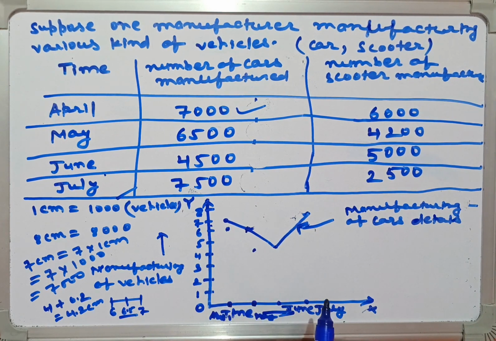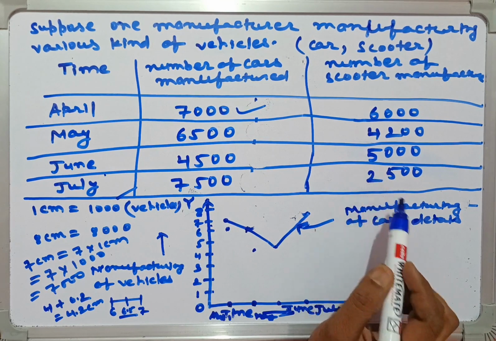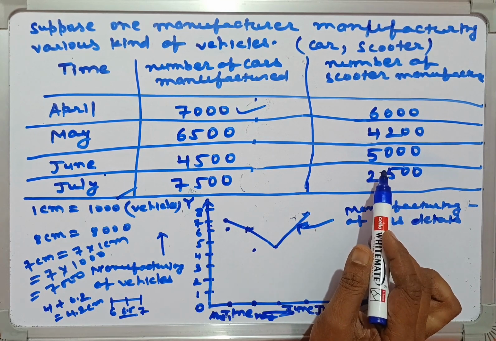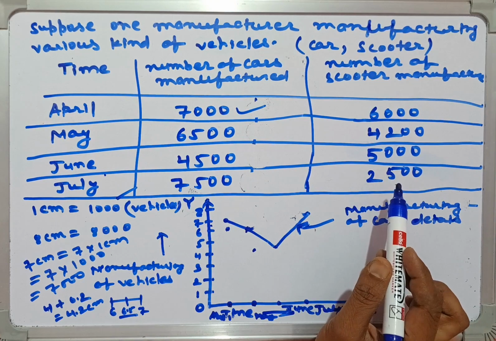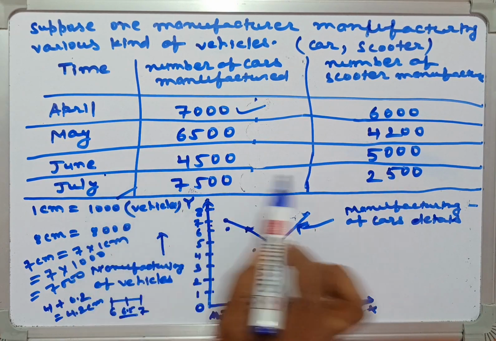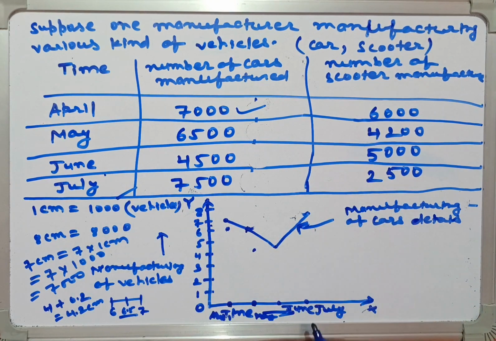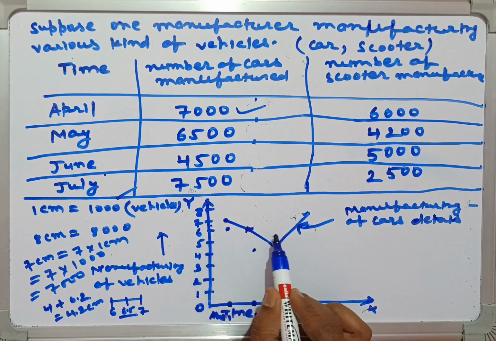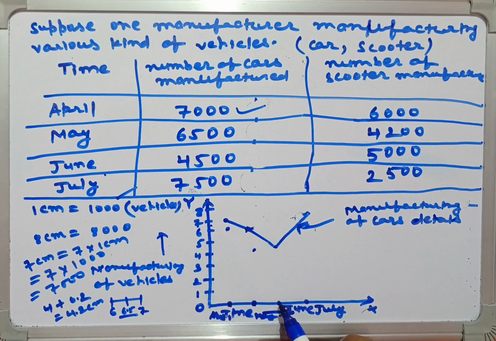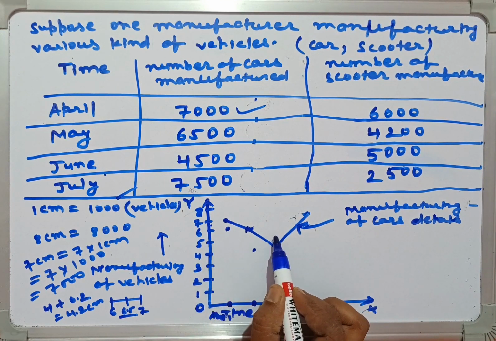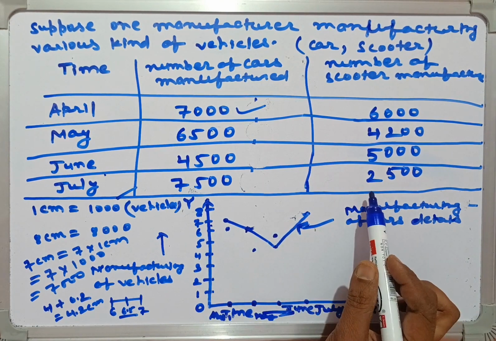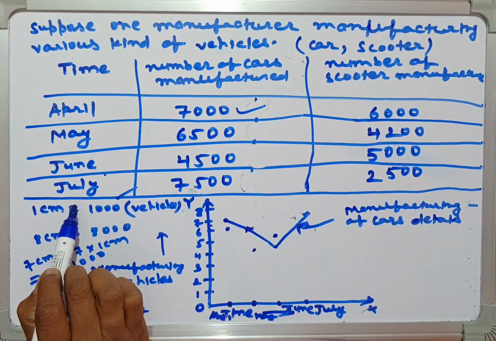The other data: manufacturing of scooters in June was 5000. So next we go to the month of June and go up. This one is June, and this point will come here. Next is the July month.